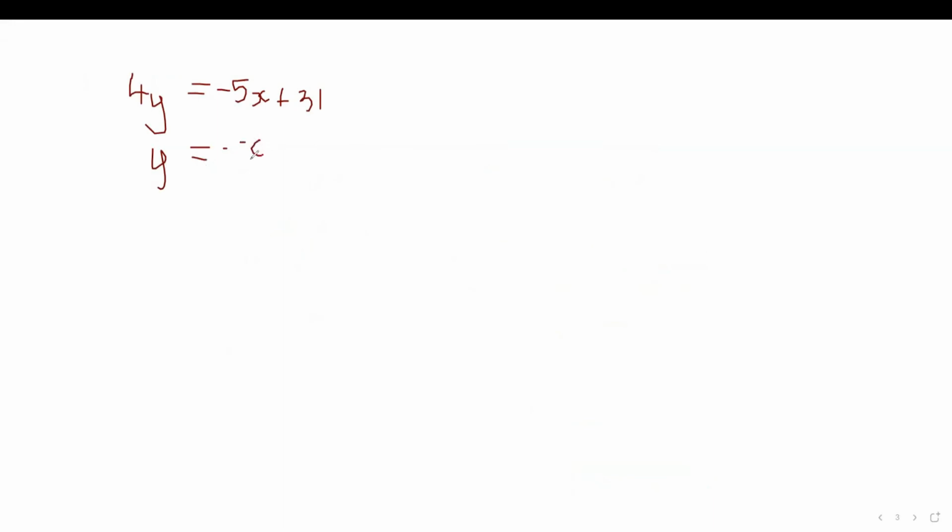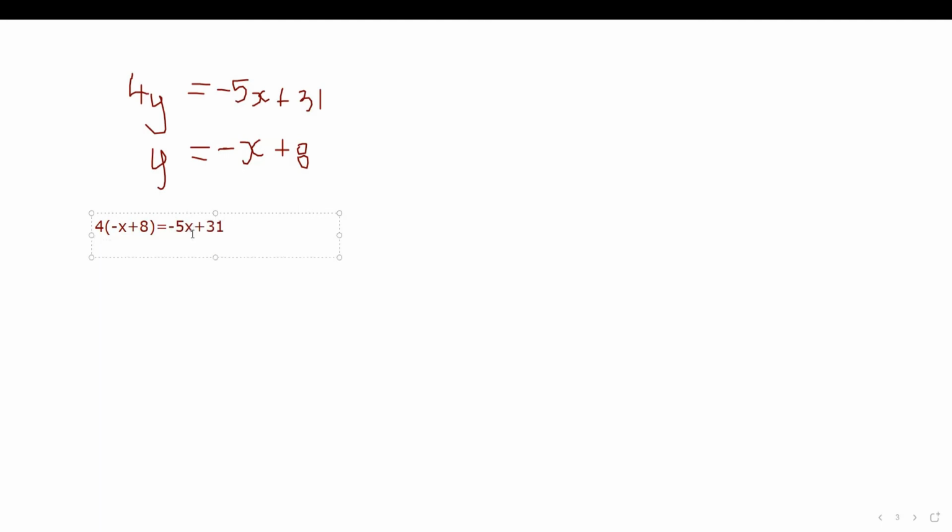So we substitute minus x plus 8 into the first line: 4 times (minus x plus 8) is equal to minus 5x plus 31.